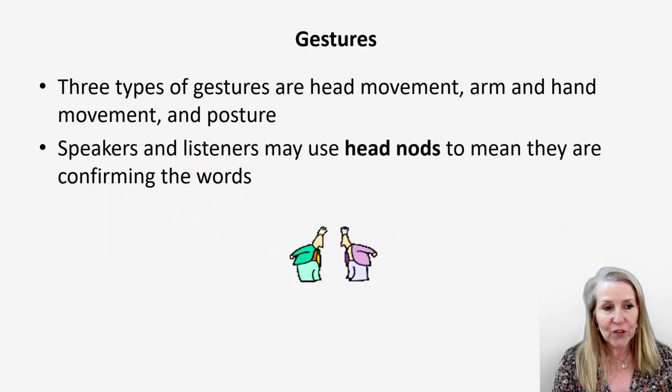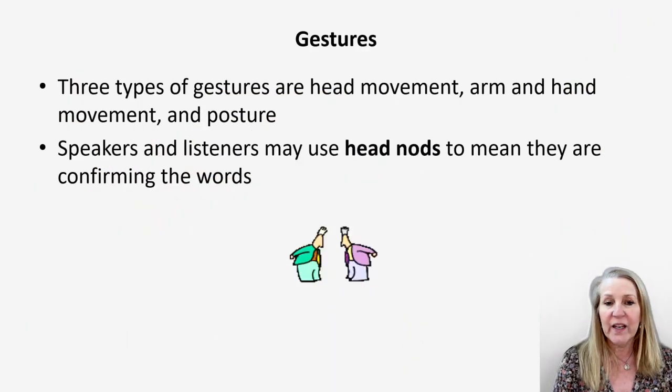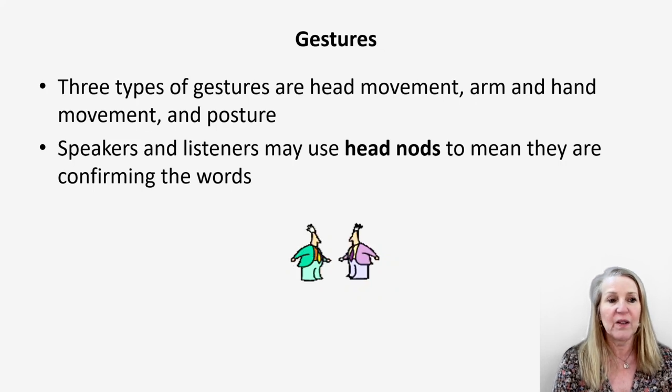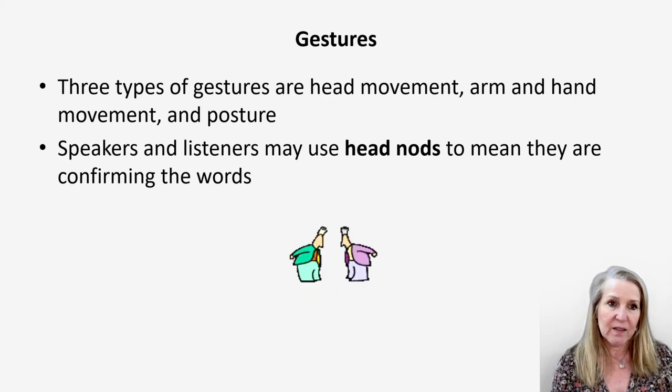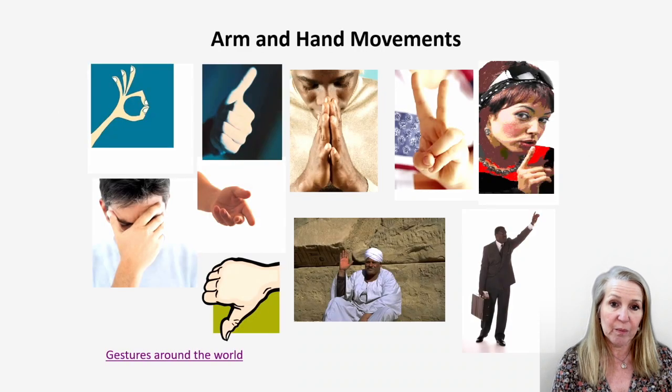Let's talk about gestures. We have head movements, we have arm movements, we have hand movements, and obviously we have posture. If you do business internationally, gestures would probably be one of the most important to really be careful of. Gestures don't really translate well across cultures.